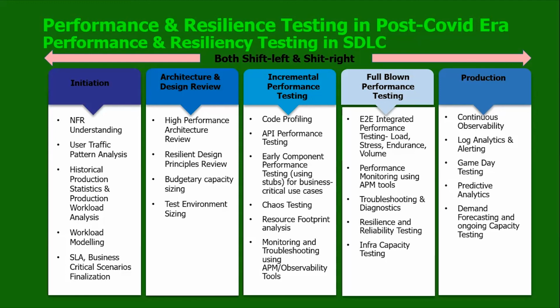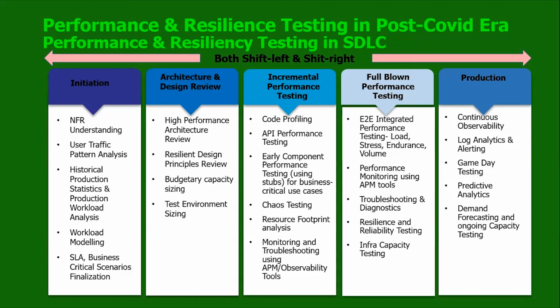And then again, we can think about doing some kind of game day testing, which creates the worst condition in production itself. And then log analytics and alerting are going to help you with less downtime, or more uptime of your application. And that's why it is continuous, you always have to think about forecasting and the ongoing capacity performance testing. That's from the production perspective.